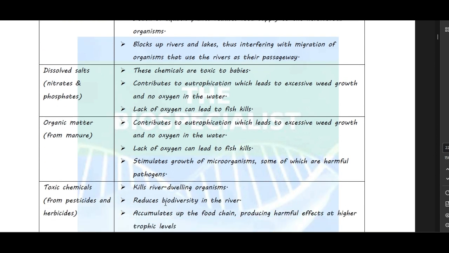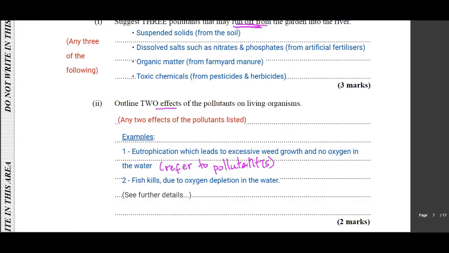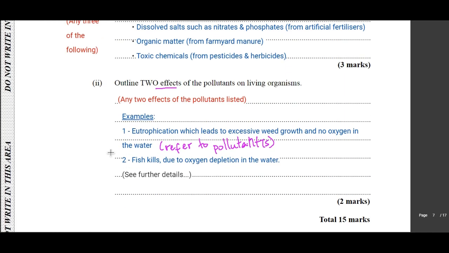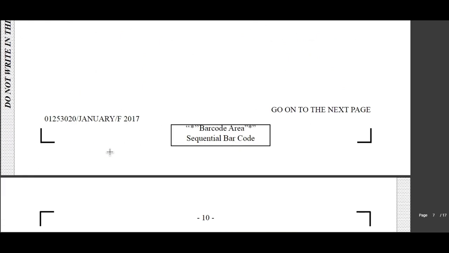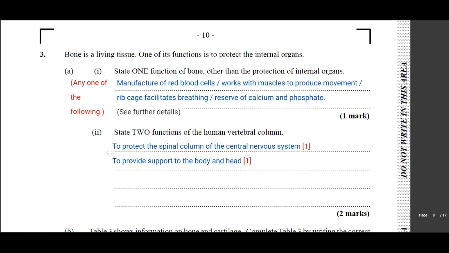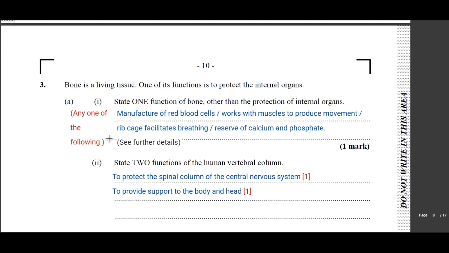All right. So let's go back to our paper. Then we go to question 3. Last question for this video. Right? Bone is a living tissue. One of its functions is to protect the internal organs. So the first part is asking you to state one function of bone, of course, other than protection of internal organs.